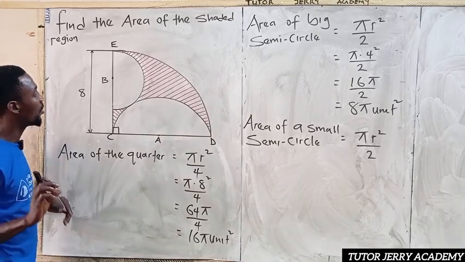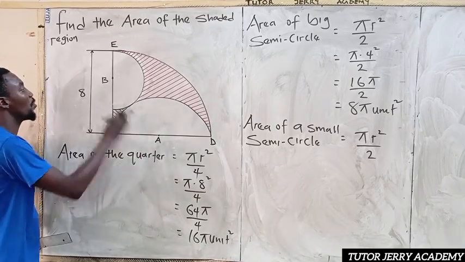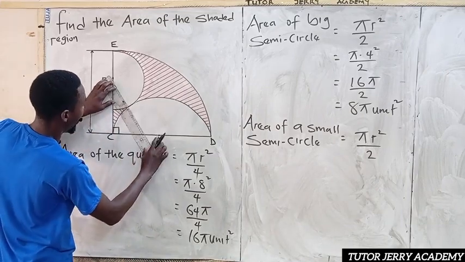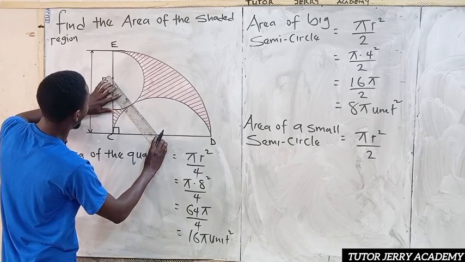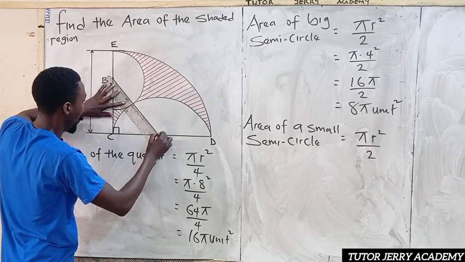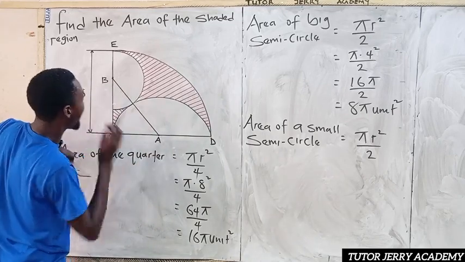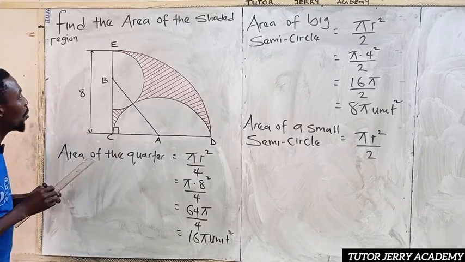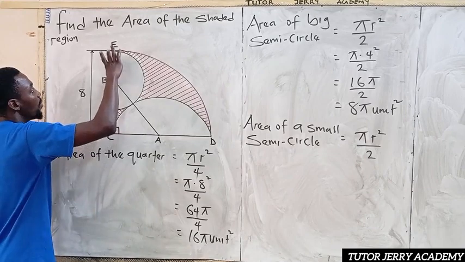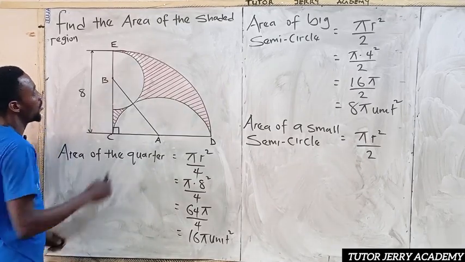For us to analyze this, we are going to join point A to point B. Now that we have joined the points, because we don't know what our radius is, we know that from this point to this point is the diameter of this small circle.